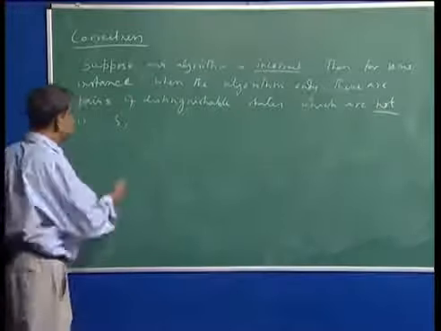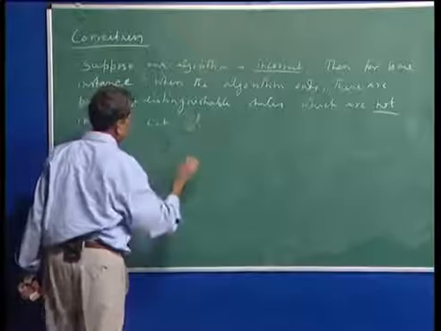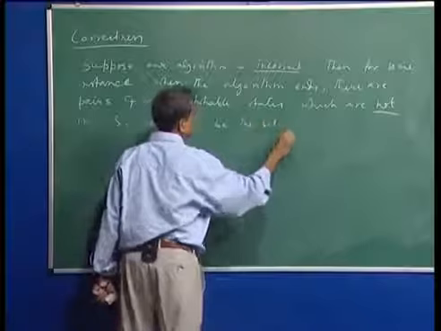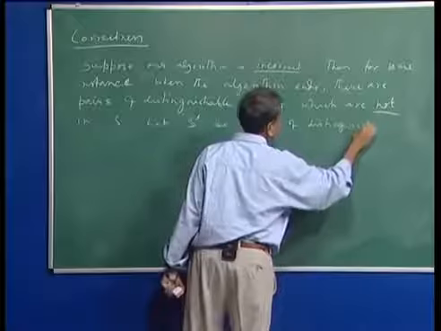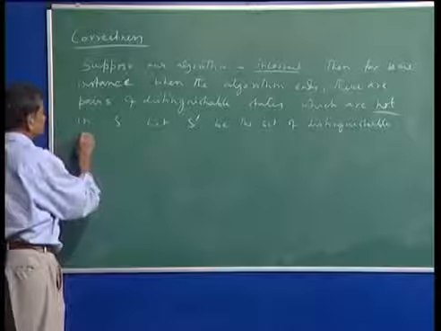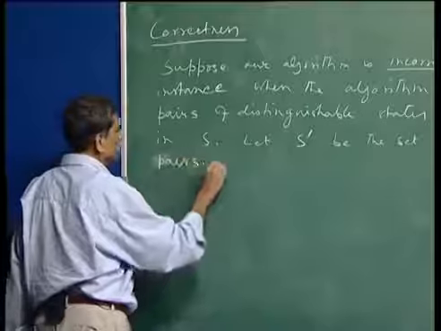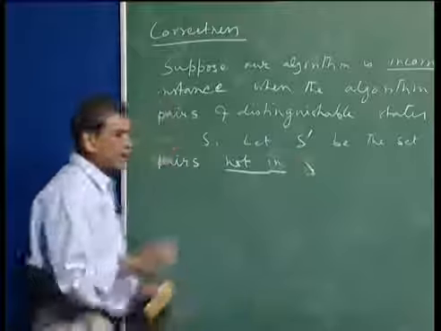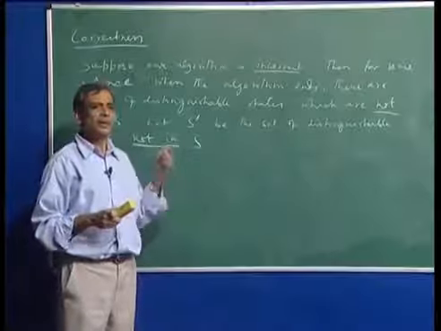Now, let S prime be the set of distinguishable pairs of states not in S. So these are all those pairs which ought to have been in S, but they are not.